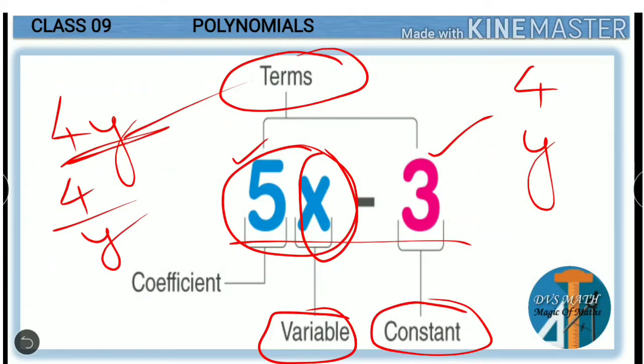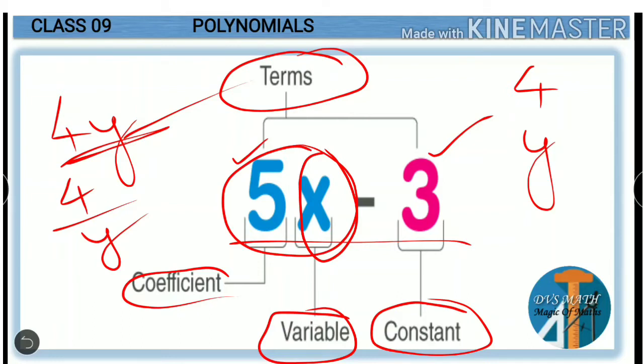If we observe this 5x, 5 is what I can call the coefficient. So 5 is nothing but any number which is multiplied to a variable. Any number multiplied to a variable, here we are calling it a coefficient. Here 5 is a coefficient of x.